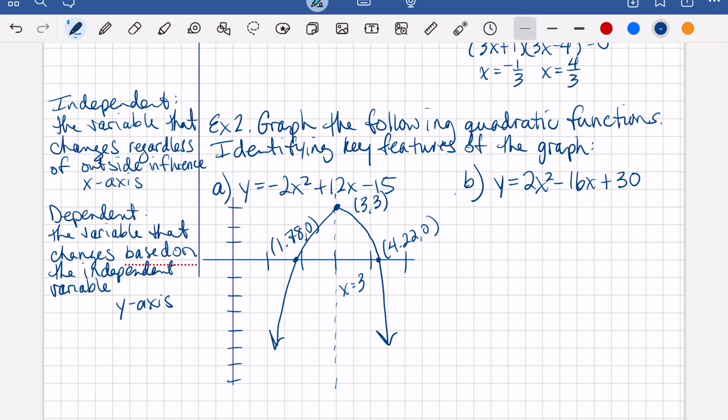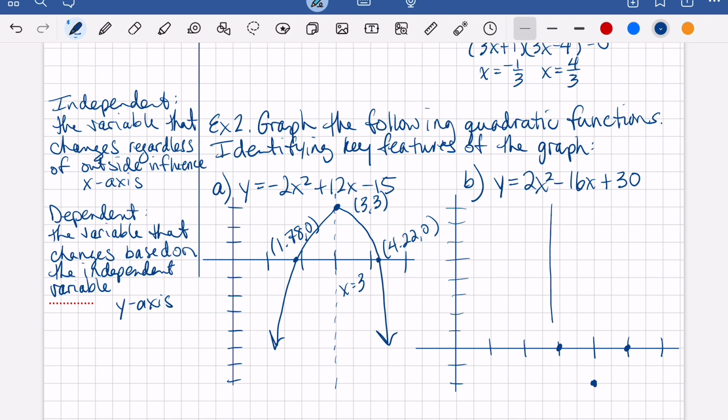This one, I'm going to graph like this. From your graph, you should have your vertex and your x-intercepts or your zeros.